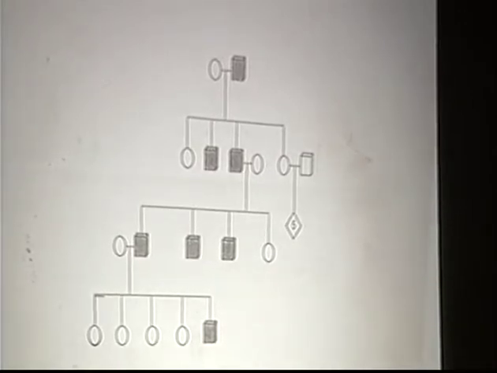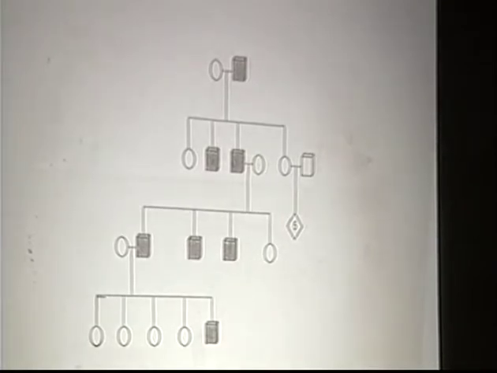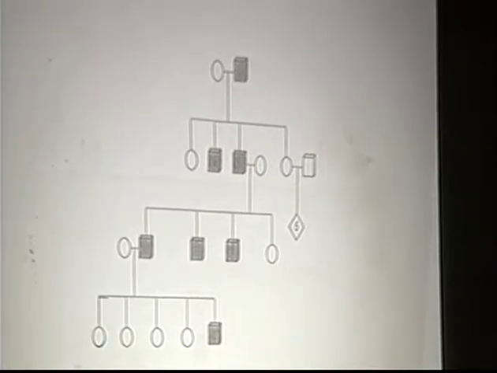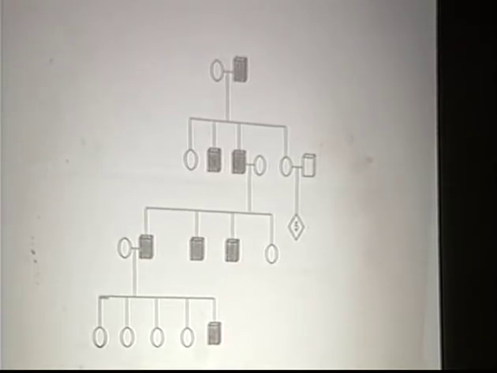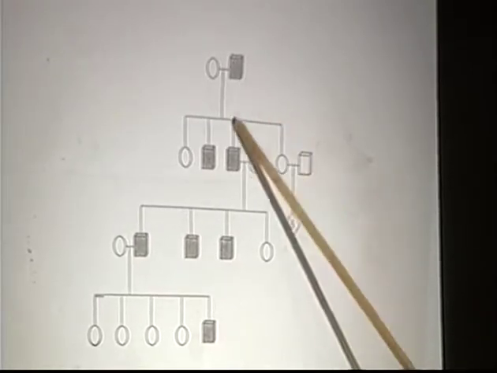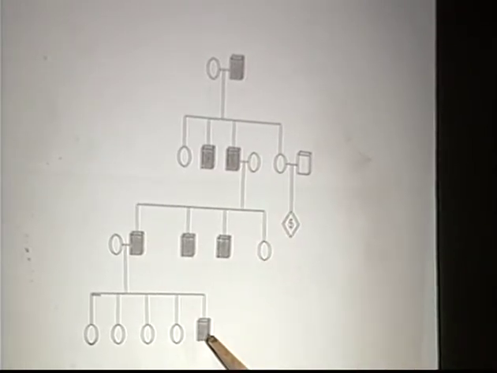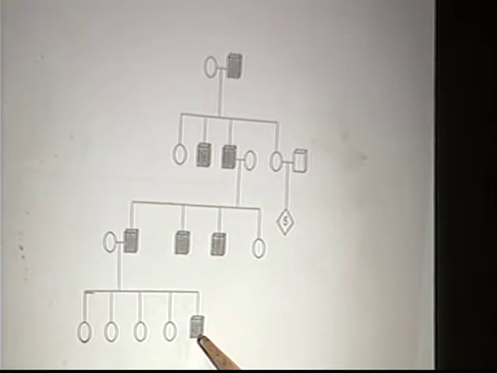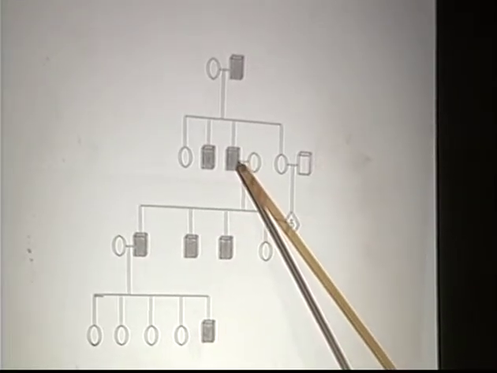So if you're looking at this, it's present every single generation. It's a dominant, but it's a weird sort of dominant, isn't it? Because it's not X-linked, because this male produces affected male offspring. So does this one. So does this one. Now your brain should be working at this point and saying, well, wait a minute.